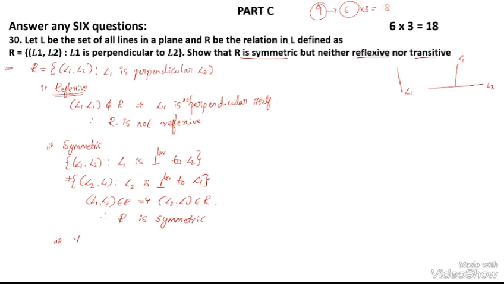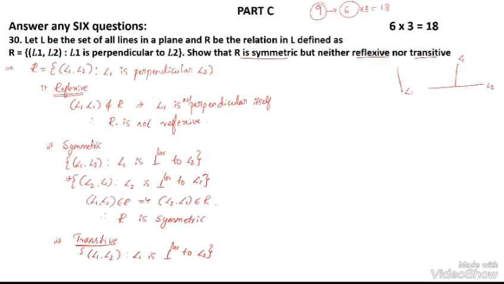That is the transitive property. For the transitive property, we have to take three lines. First, (L1, L2), which means L1 is perpendicular to L2.